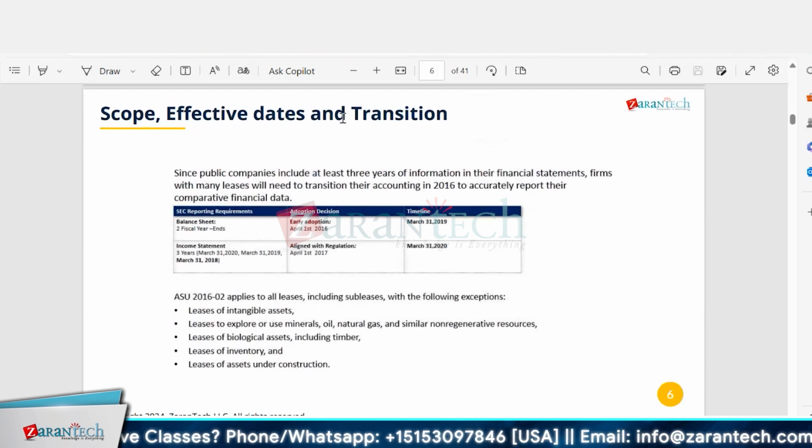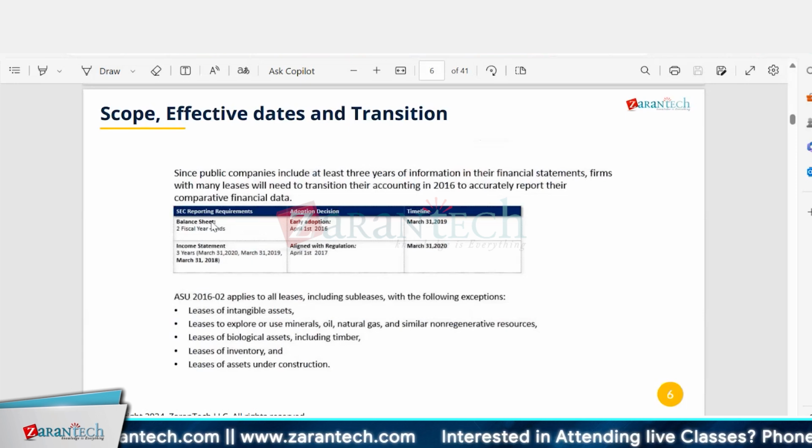Scope, effective dates and transition. Since public companies include at least 3 years of information in their financial statements, firms with many leases will need to transition their accounting in 2016 to accurately report their comparative financial data.